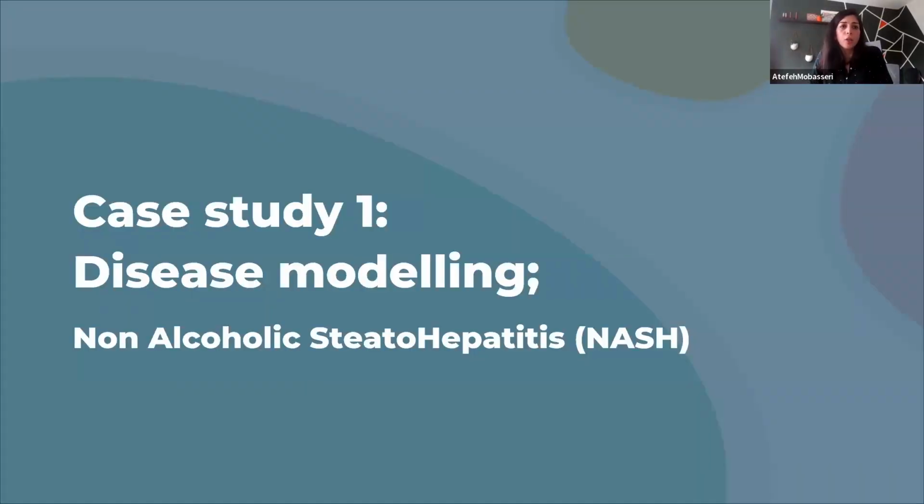So for our first case study, I'm going to explain the way that we use organoid to develop a disease model of liver disease called NASH, non-alcoholic steatohepatitis.